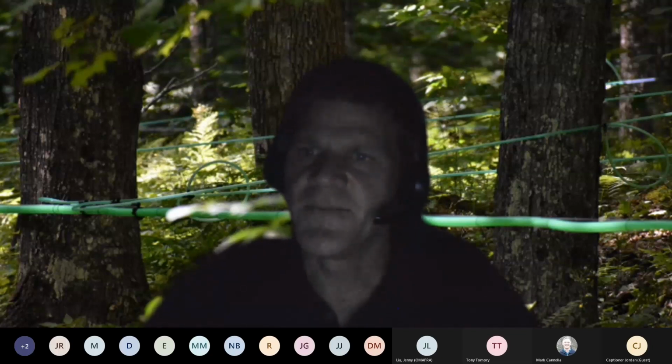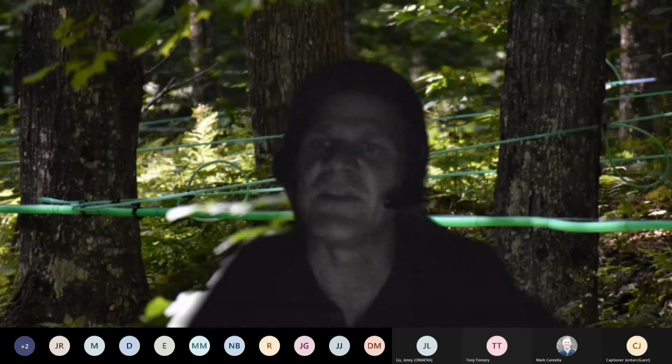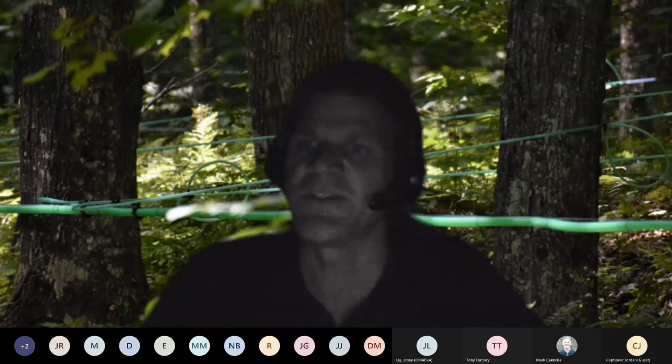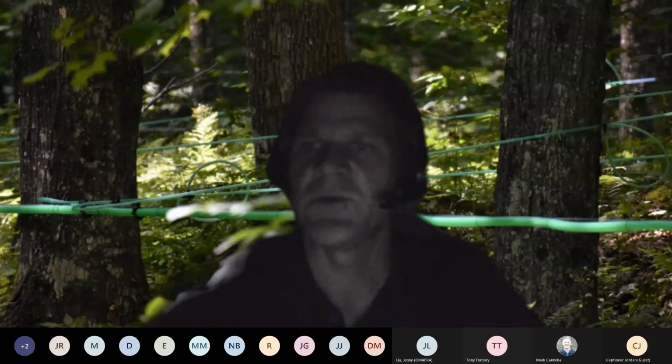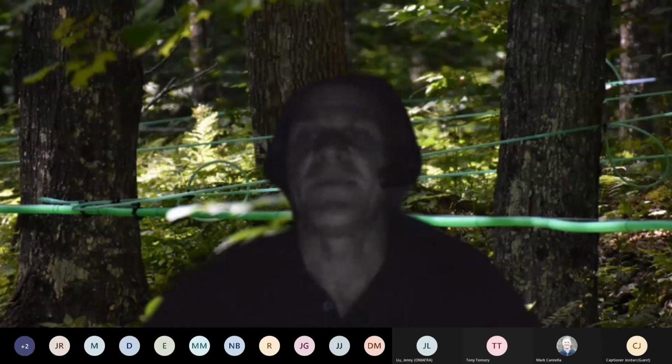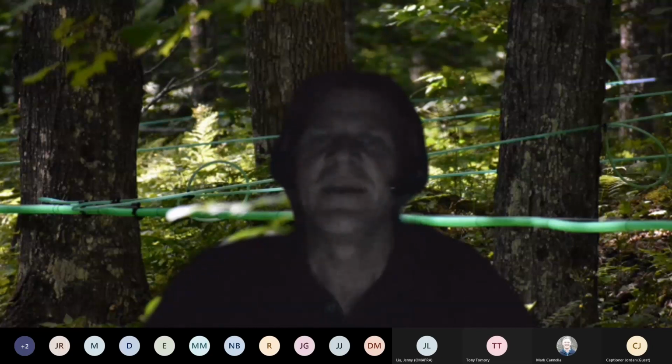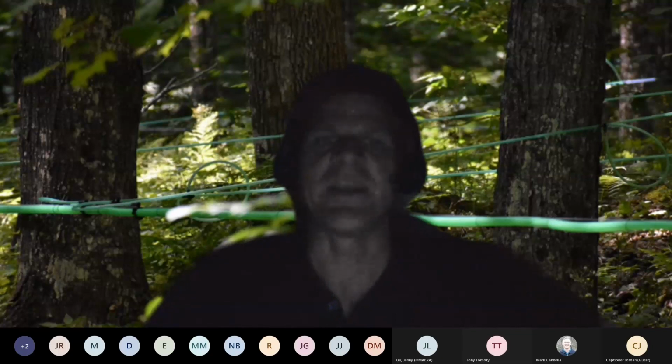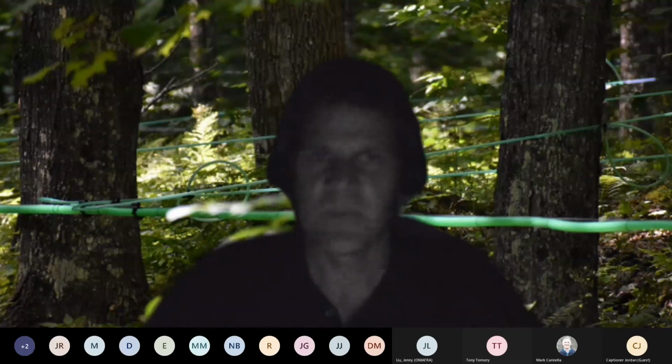Let's see. Dave Mant says, knowing that the goal is to have at least 25% non-maple in the stand, should the inventory include non-maple stems to give one an idea of species composition and total number of trees per acre? Yeah, that's a great point, Dave. It points out that if you're just looking at taps, you're ignoring what else is growing there.